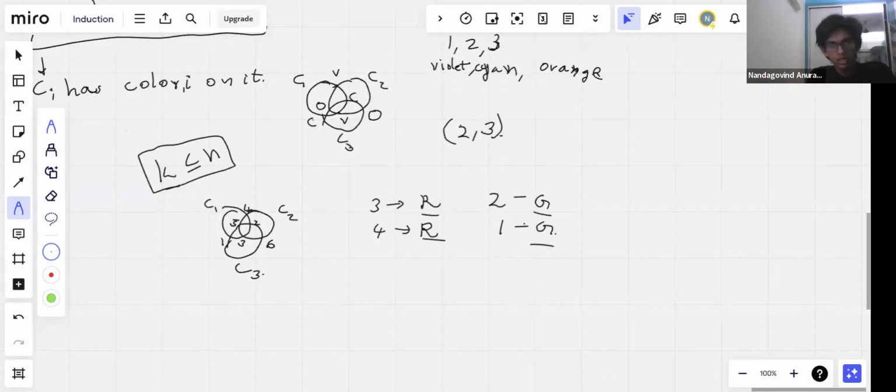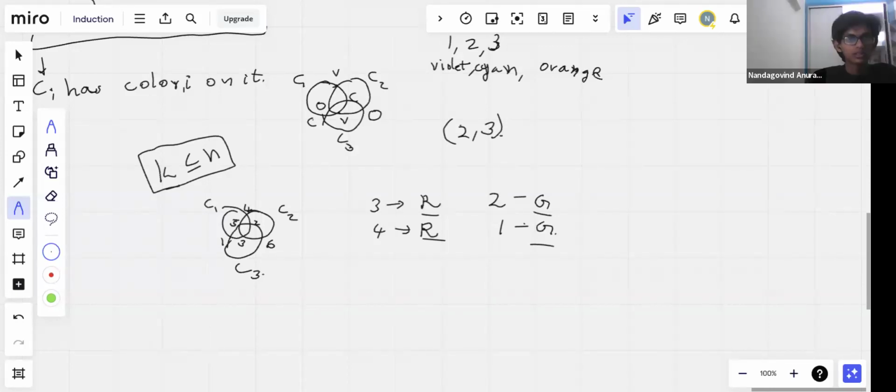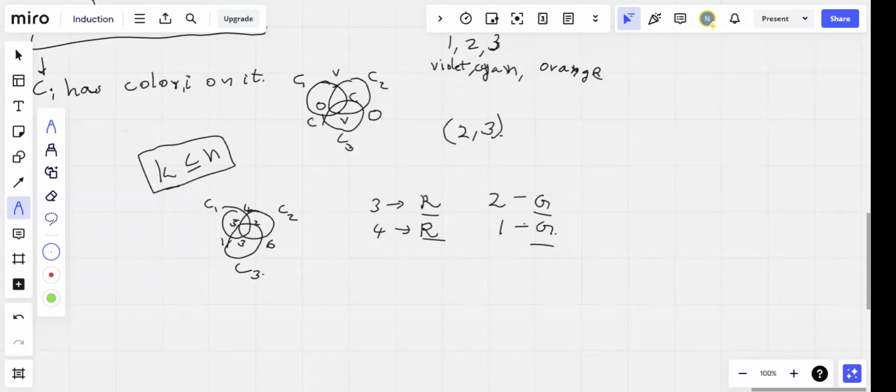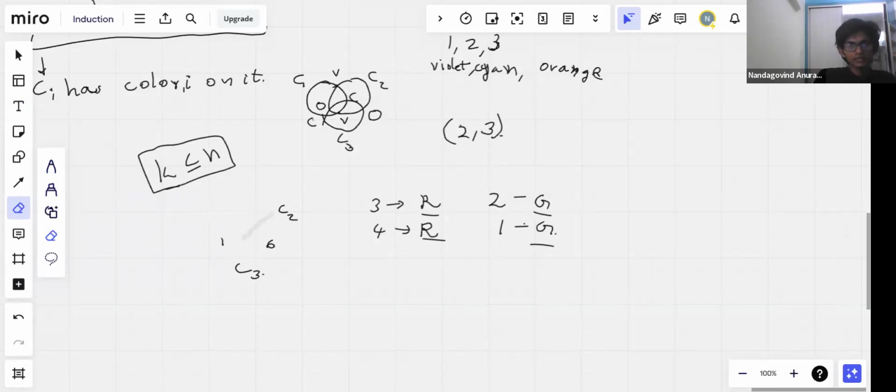So although I thought that would be a valid coloring for k equal to 2. Okay, we want a construction for k equal to n, not k equal to 2. I'll probably neaten up the intersection points. I don't want C1 and C3 to intersect at 3 and 4.